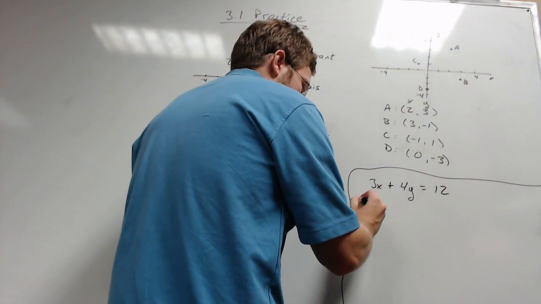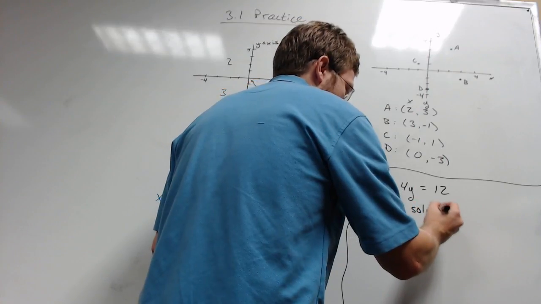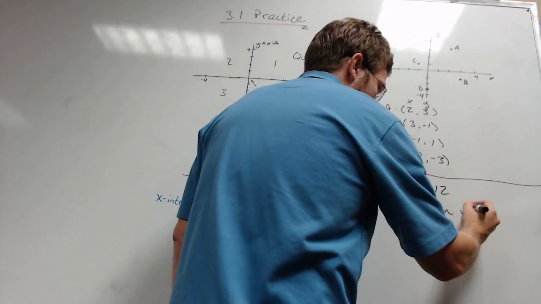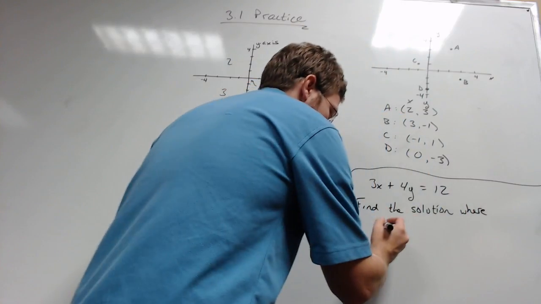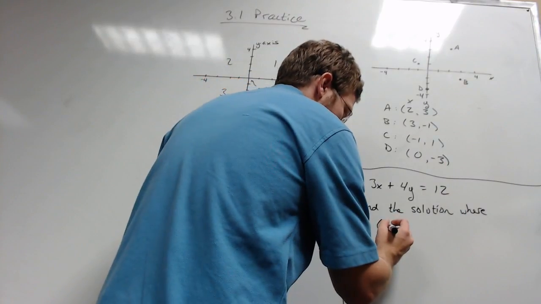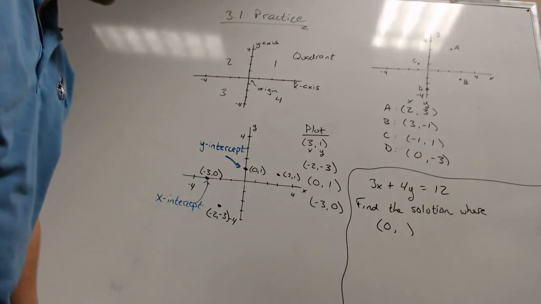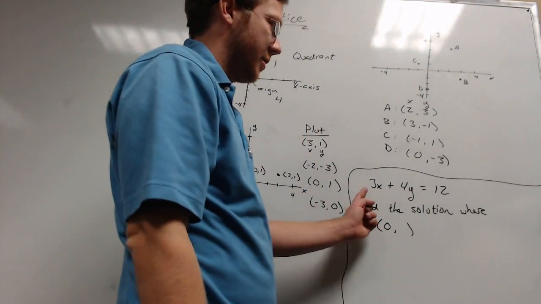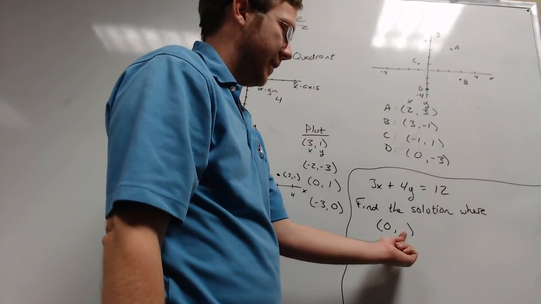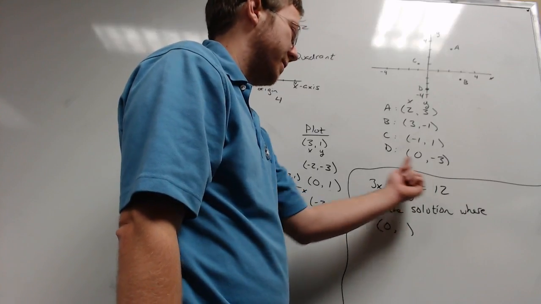And if I said find the solution where the x value is 0, so we're trying to fill in the blank and find the y value that would need to go with this x value to make a true statement up here.